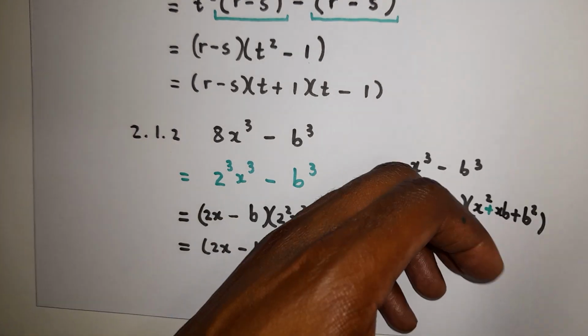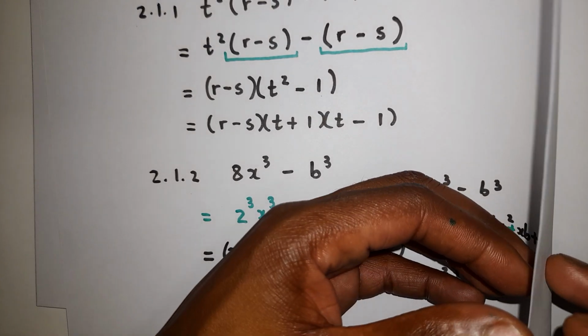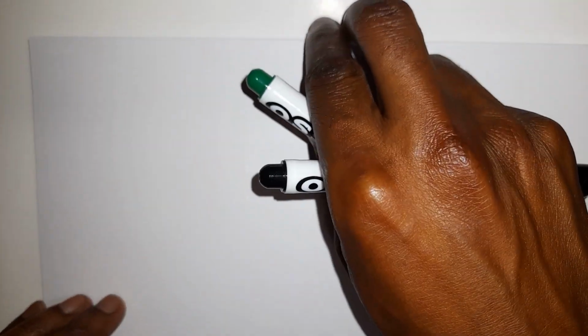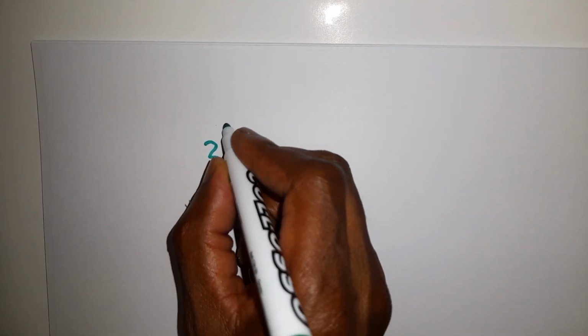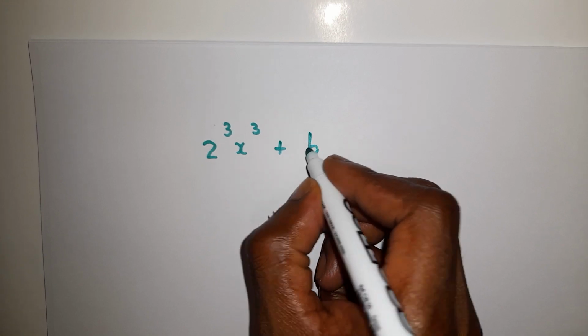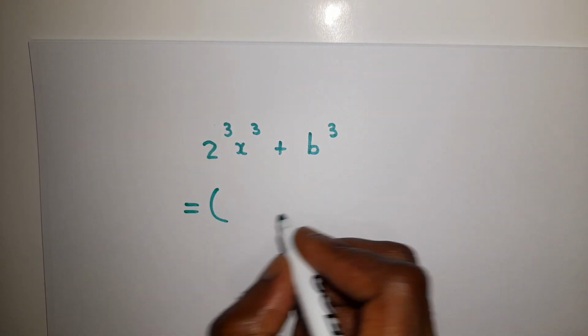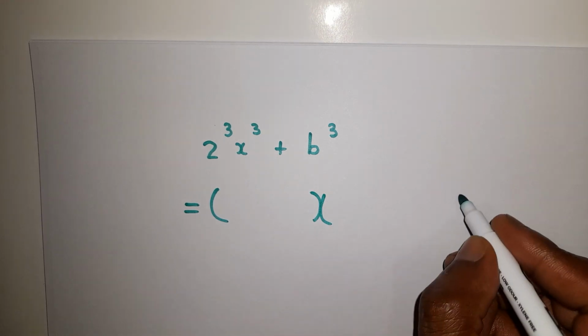For interest's sake, let me just do the sum of 2 cubes quickly. Suppose now it was given to me as a sum. So as a sum, again, it therefore means I would have 2 cubed x cubed plus b cubed. So now factorizing this, I will have almost the same thing as the last.